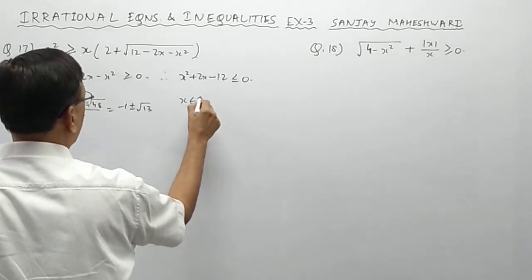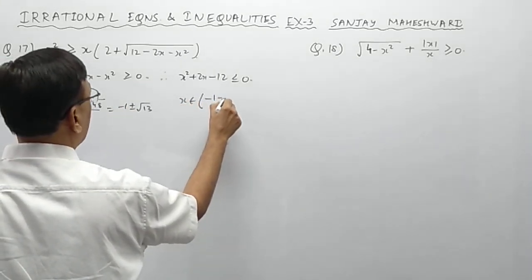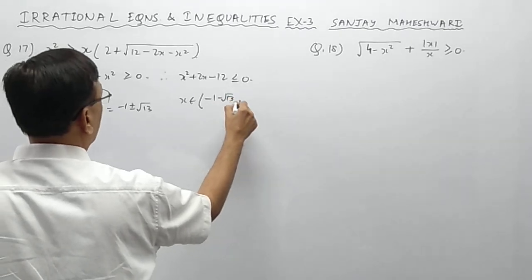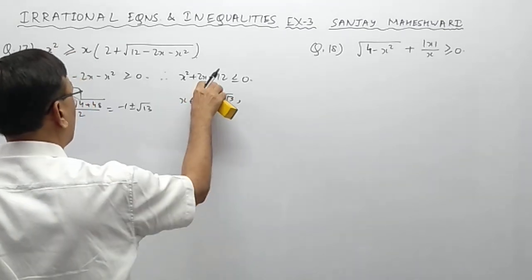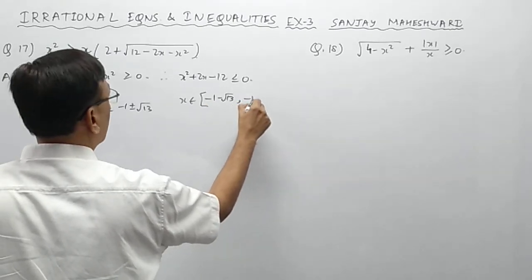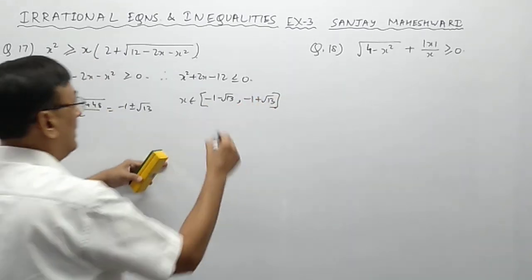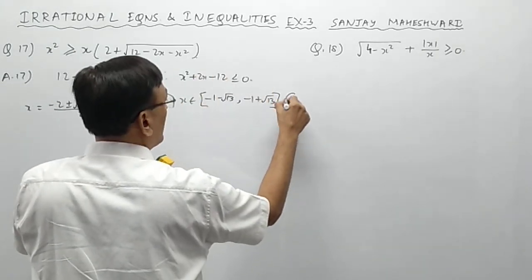Therefore, x belongs to minus 1 minus root 13 closed bracket to minus 1 plus root 13. This is the universal condition for this sum.